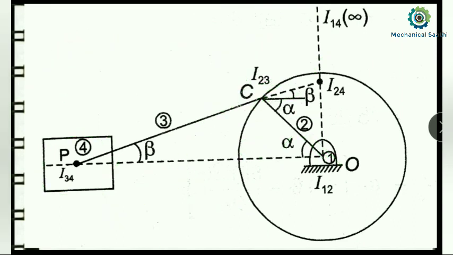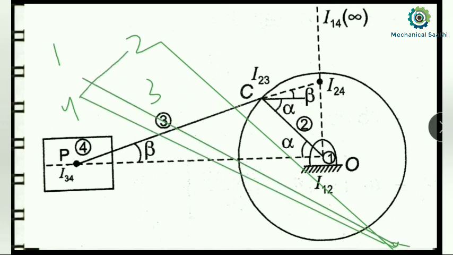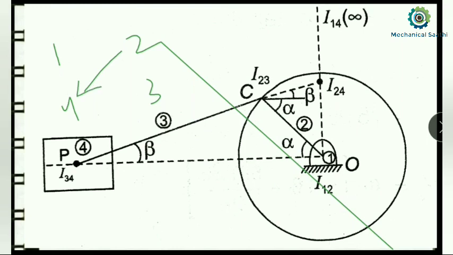So let me erase all those things. Then this is 1 2 3 4, and we need to find the instantaneous center between 2 and 4. Then I can go in this way. That means we need to locate the 2 1 instantaneous center and the 1 4 instantaneous center.